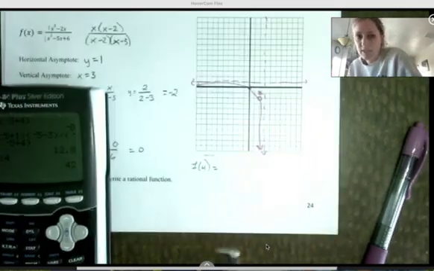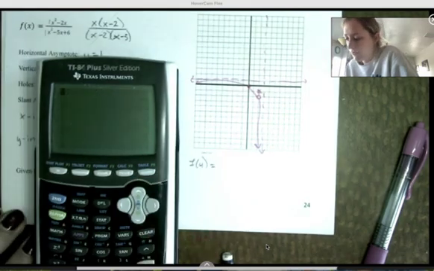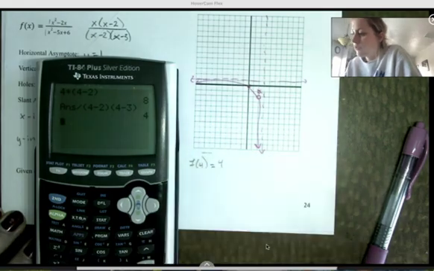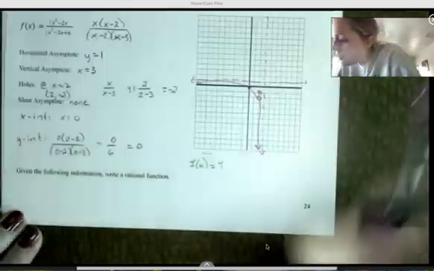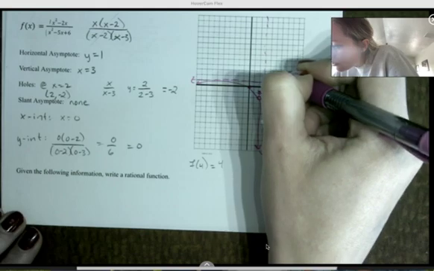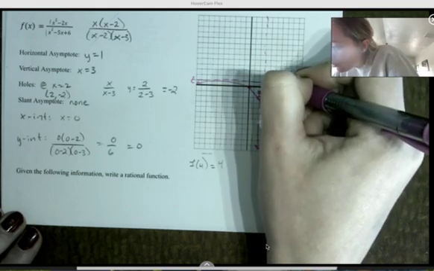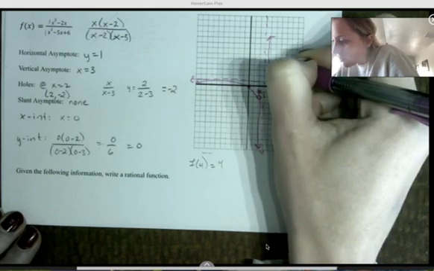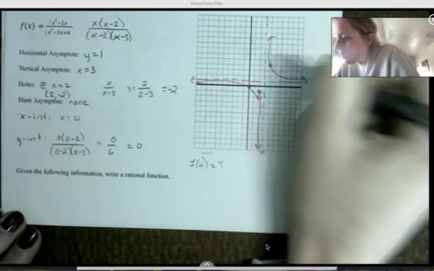So we've got 4 times 4 minus 2, and then divided by 4 minus 2 times 4 minus 3, which is 4. So 4 is the next point. So there was 4, 1, 2, 3. Oh, sorry. 1, 2, 3. There we go, 4. So this guy is going to look something like this.